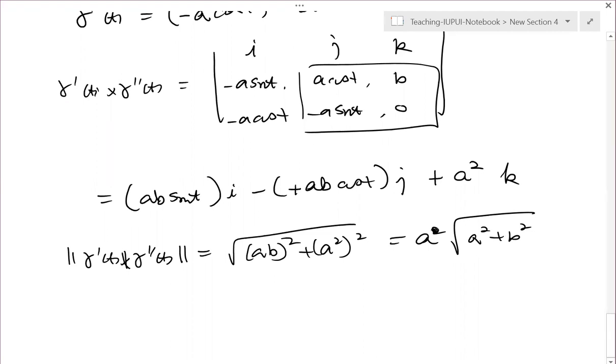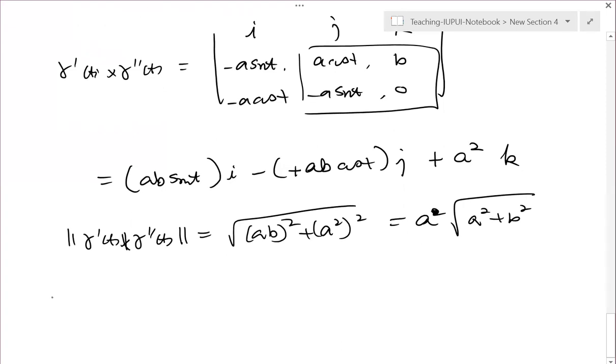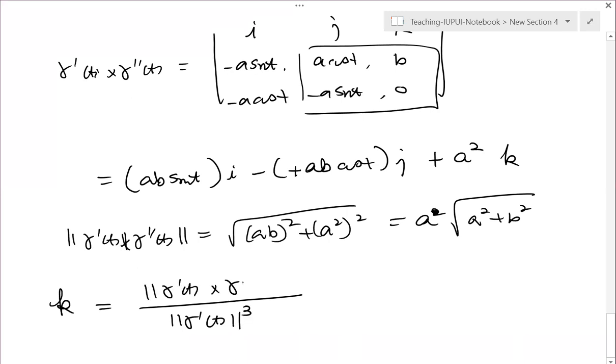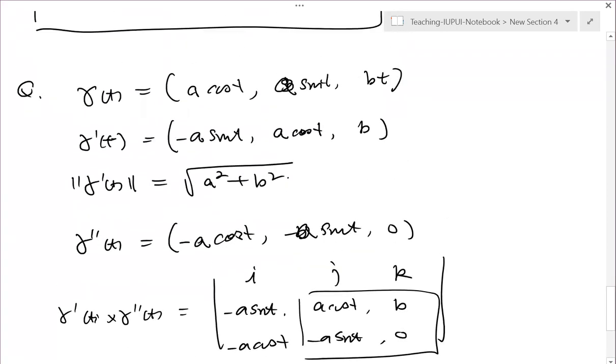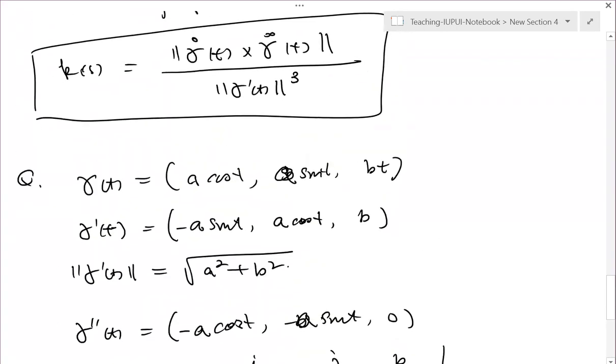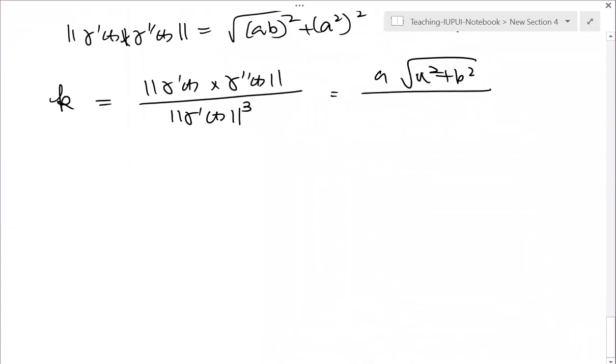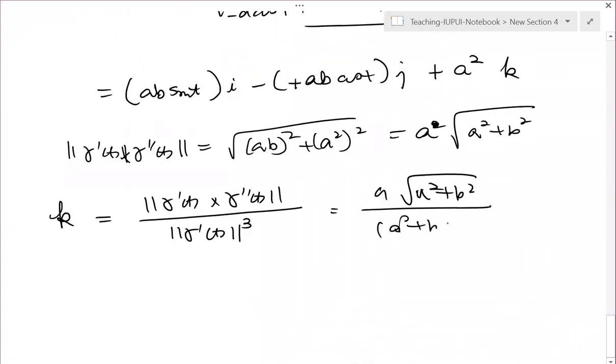So finally, the curvature is going to be a squared plus b squared, divided by the length we already defined, a squared plus b squared, square root and cubed.